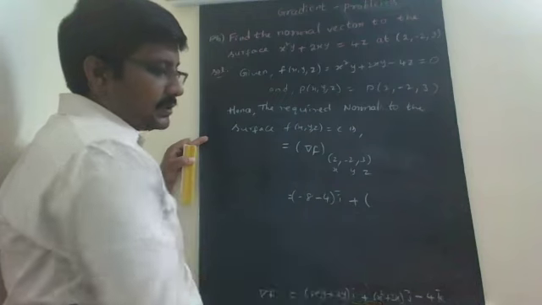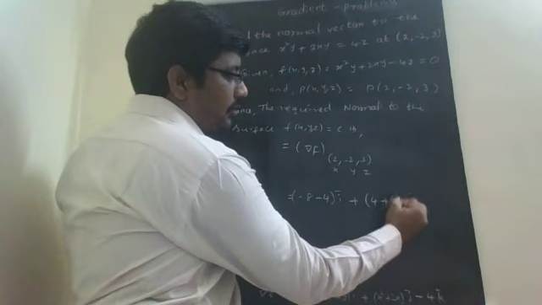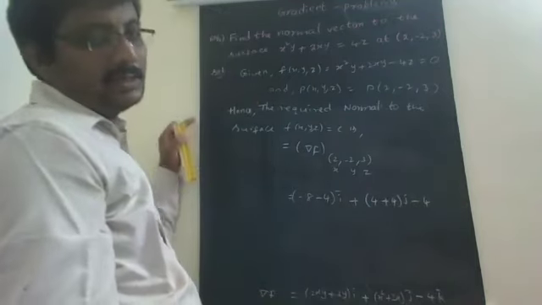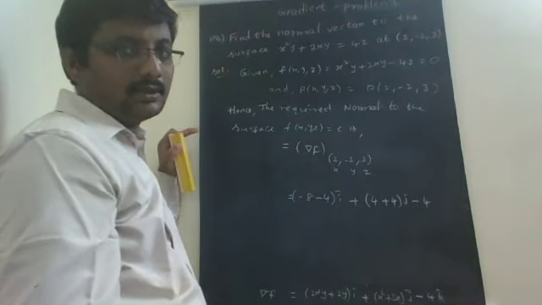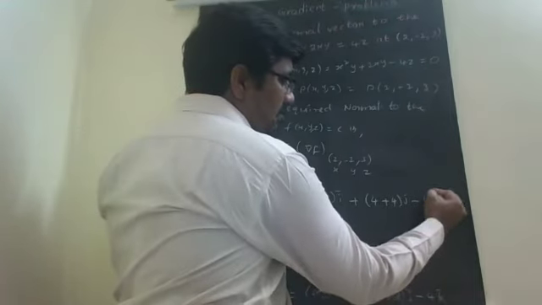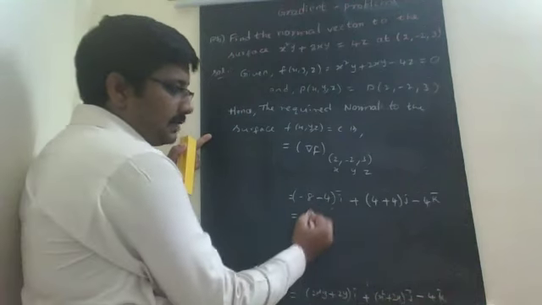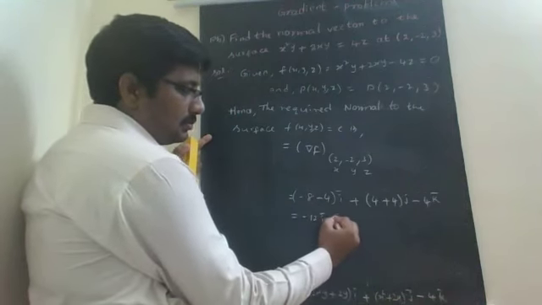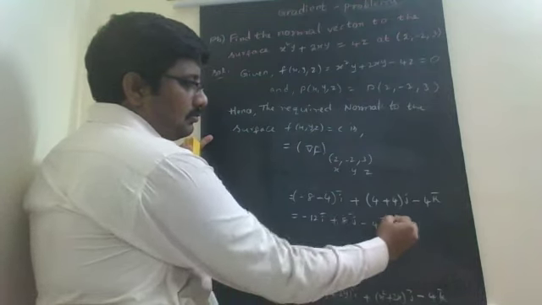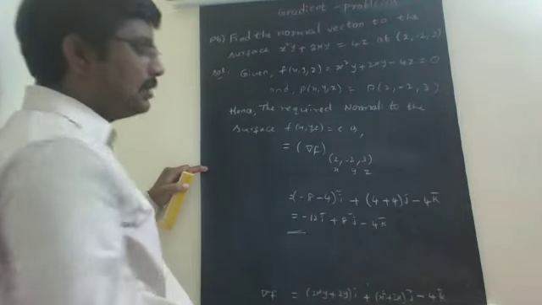X square means 2 square, 2 square is 4, plus 2x, 2 into 2 is 4, into j. The last term is free from xyz, which does not contain any xyz. Minus 4k bar is there, just we have to write minus 4k bar. So on simplifying, minus 8 minus 4 is minus 12i bar plus 8j bar minus 4k bar. So it is the required normal to the surface.